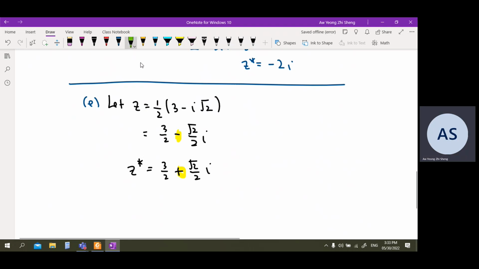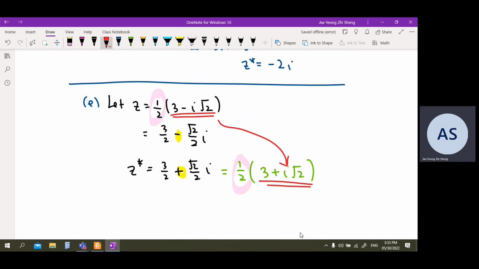One interesting observation here is that if we factor back out the 1/2, I can write this as 1/2 times (3 plus i root 2). And so notice that the 1/2 actually remains unchanged, if you compare with the original question. And the 3 plus i root 2 is actually the conjugate of 3 minus i root 2.